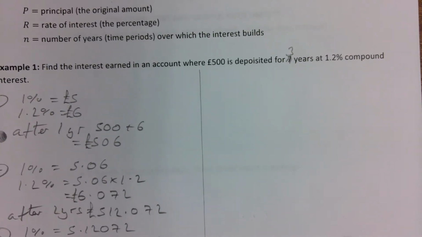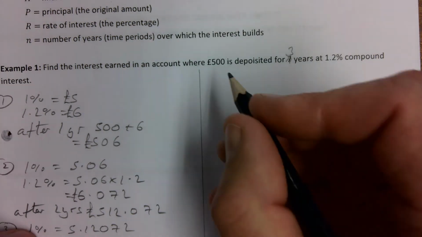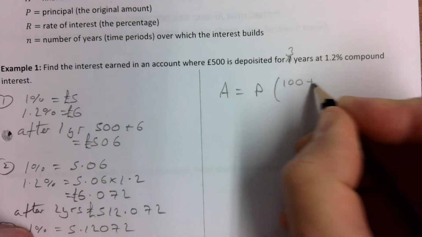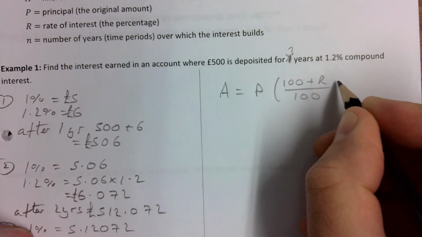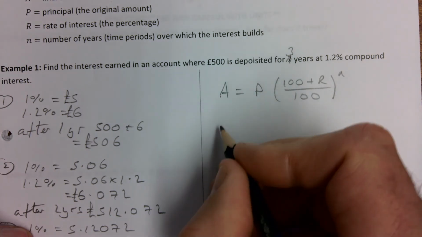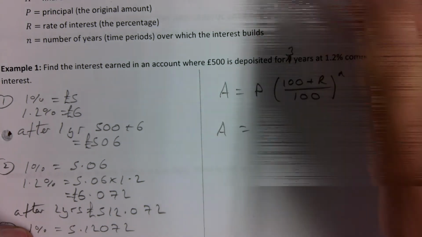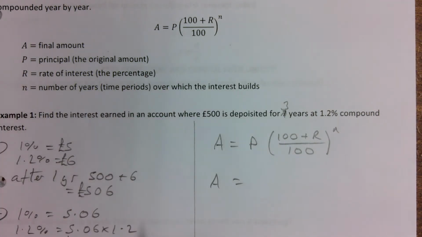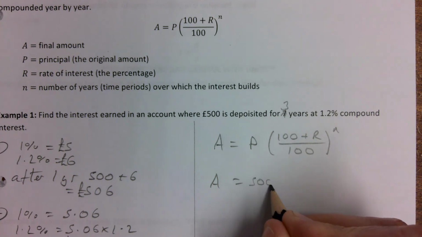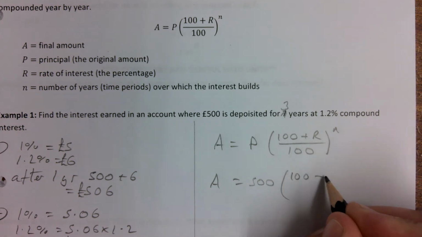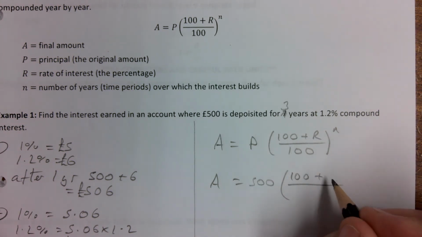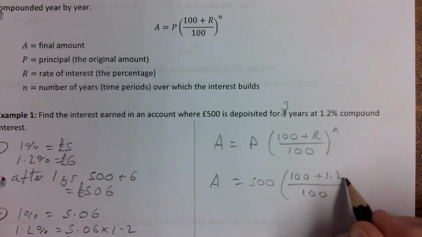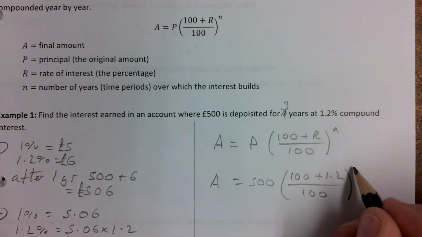The second way of doing it is to use the formula. A equals P times (100 plus R over 100) all to the power of n. A equals the principal amount, so that's 500, times (100 plus our rate, which is 1.2, divided by 100) all to the power of 3.